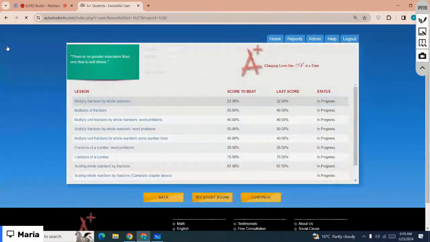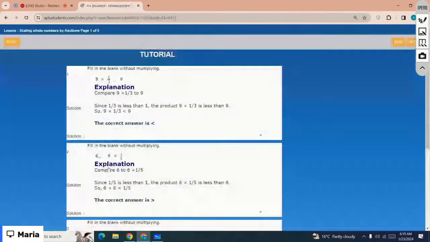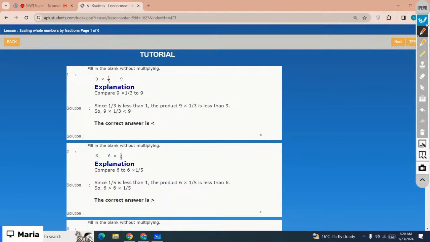The next lesson is scaling whole numbers by fractions. Fill in the blanks without multiplying. You have to compare 9 times 1/3 to 9, right? How do you compare? Just look at the fractional part. The fractional part is 1/3, right?